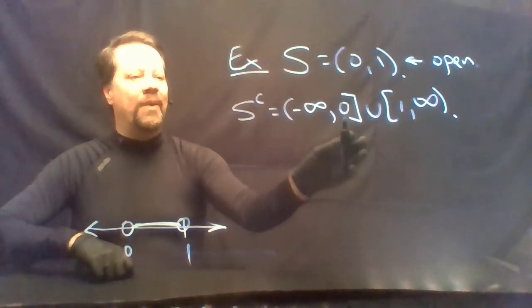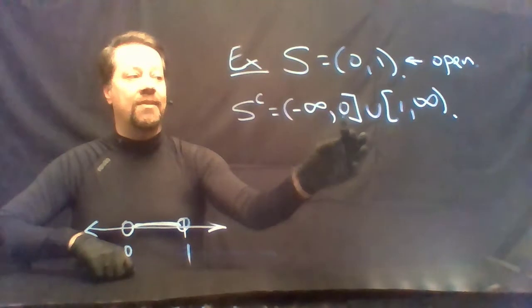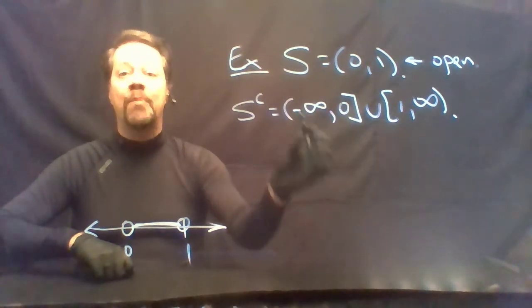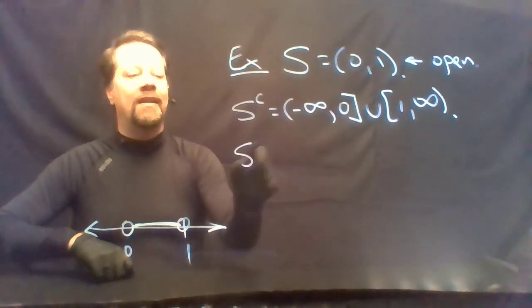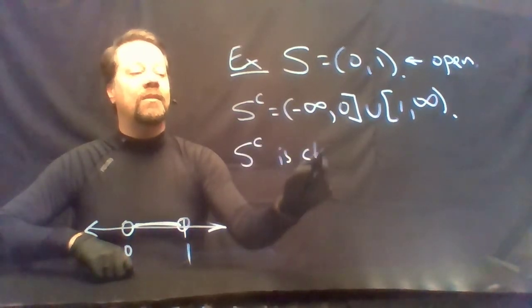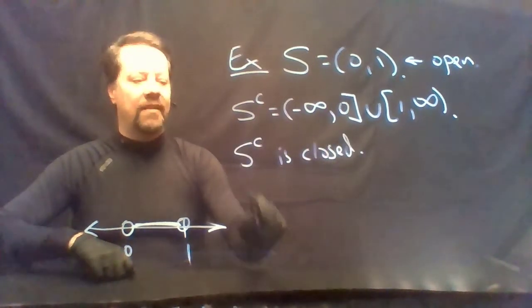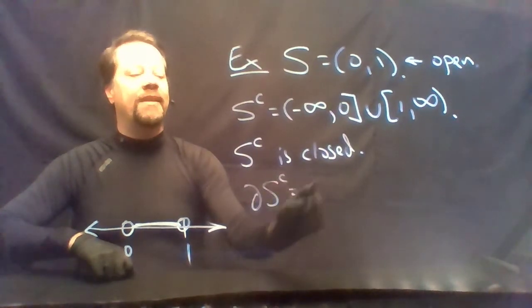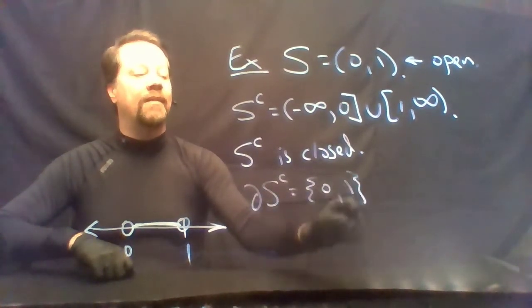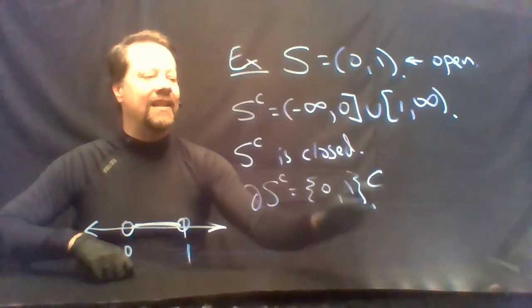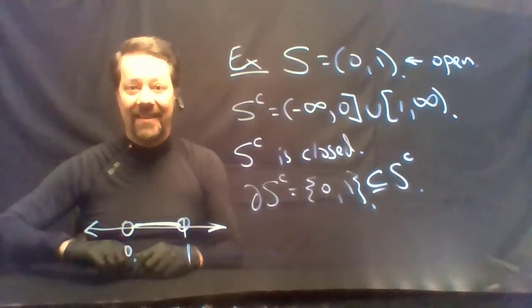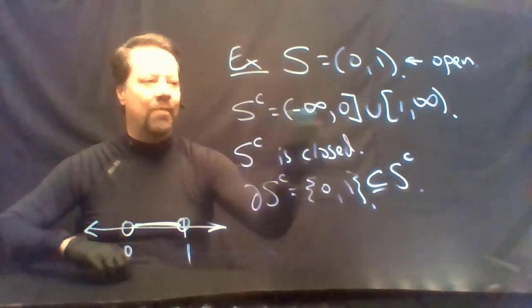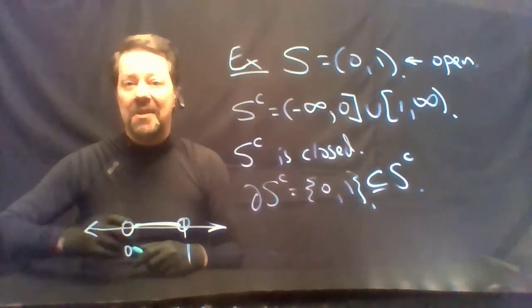The only boundary points of S complement are 0 and 1, and they are both included in S complement. Therefore, S complement is closed. The boundary of S complement is the set that contains 0 and 1, and those are indeed inside of S complement. We can't think of infinity or minus infinity as points because they're not even defined.